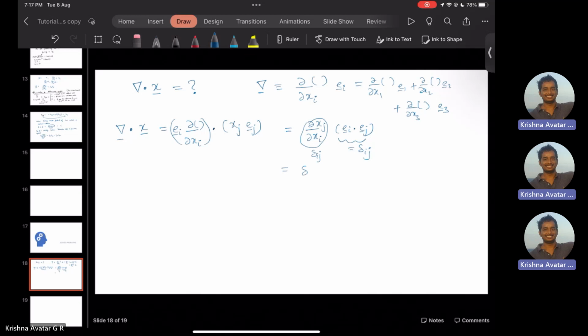So what we have is delta ij and delta ij. And there is one more property of Kronecker delta, that i and j can be interchanged. So delta ij is the same as delta ji, right? That is an important property of the Kronecker delta function.